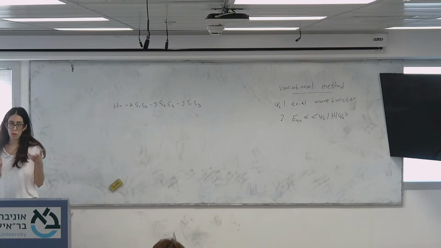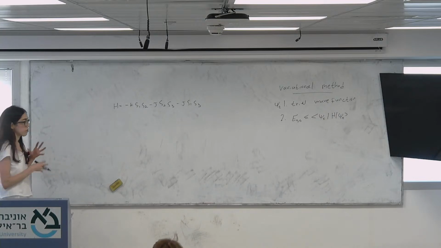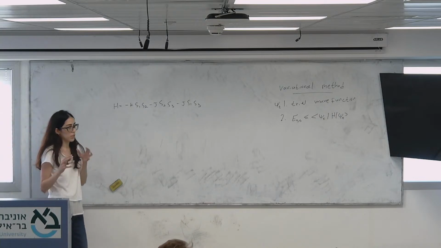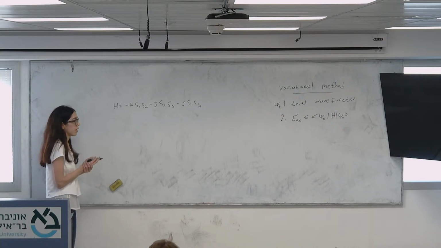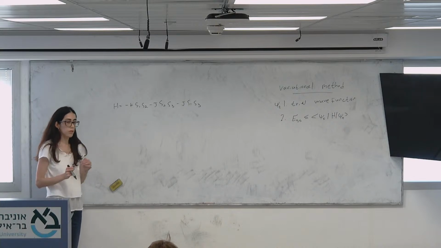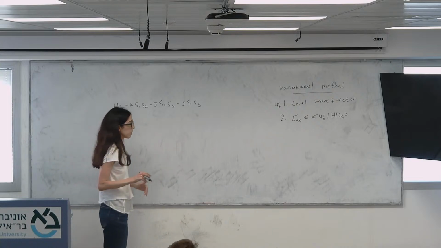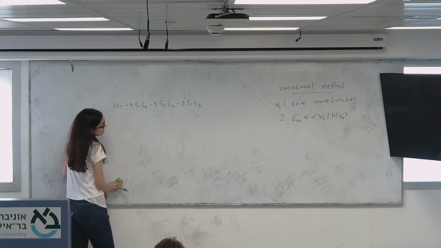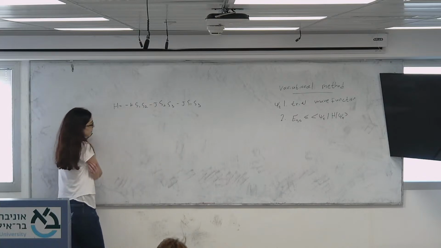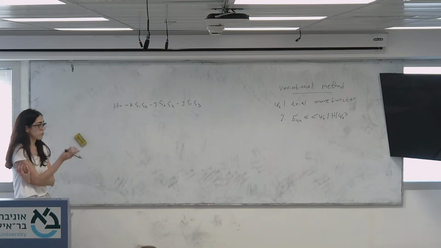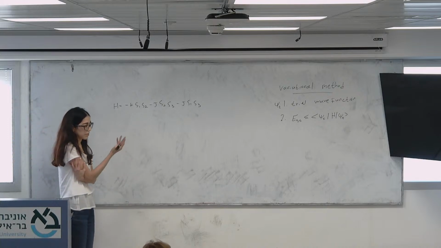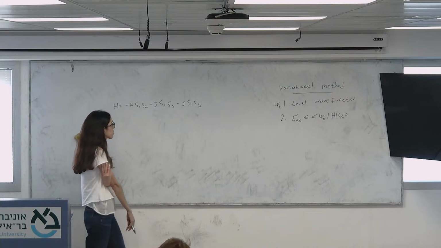So another way to approach this problem is to write the Hamiltonian as an explicit matrix, which is the way that you wanted me to do. But this is going to be an 8 by 8 matrix. Most of the matrix elements are going to be 0, but it's still not a very nice way, I think, to work with it.